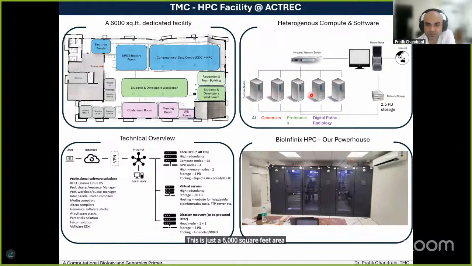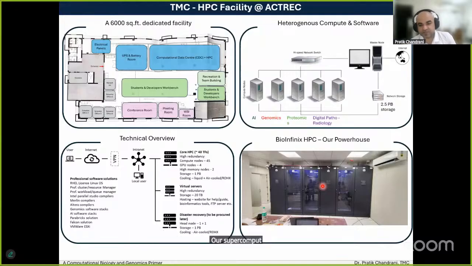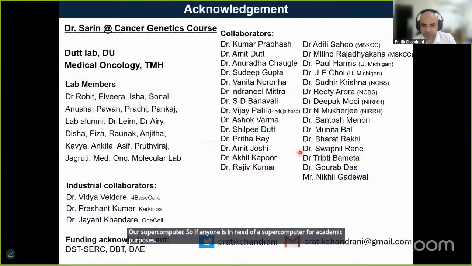It has heterogeneous compute, which allows AI, genomics, proteomics, digital pathology, radiology, and so on. And it has a central storage pool of 2.5 petabytes, which we are planning to increase by 1 petabyte per year. This allows you to do scalable analysis. It has various software solutions, and this is the picture of our supercomputer. So if anyone is in need of a supercomputer for academic purposes, please feel free to let us know.